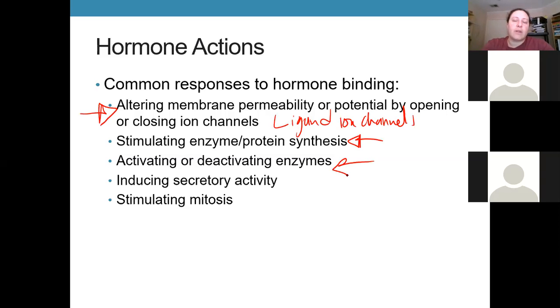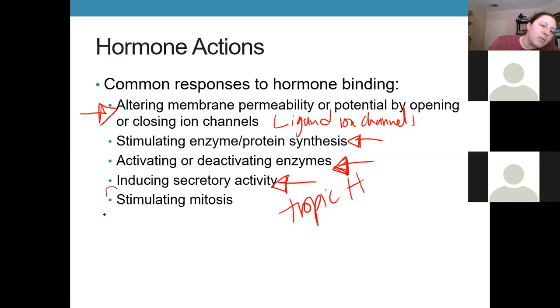They can influence whether those proteins, especially enzymes, are actually functional or not. They can tell the cell to secrete something, and we see that especially with those tropic hormones. Remember, the tropic hormones are the ones that stimulate other endocrine organs to release hormones. So that's a classic example of inducing secretory activity.